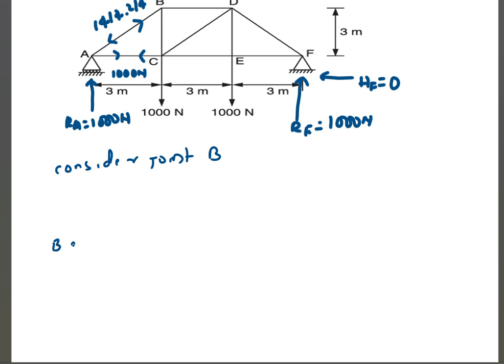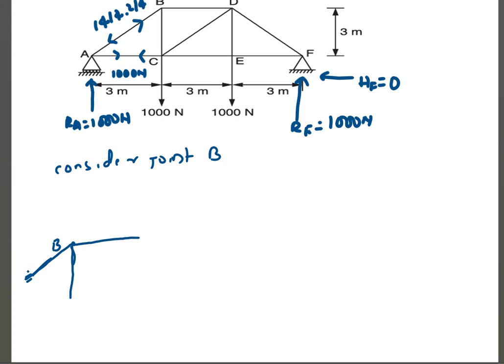So here, to the joint B, how many members are connected? To the joint B, there are a total of 3 members connected. One is horizontal, another is vertical, and the other member is inclined.